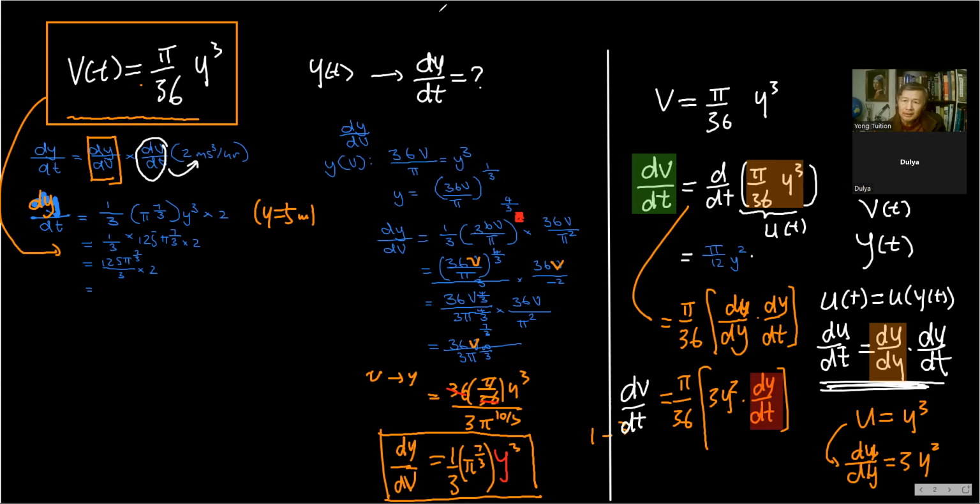This is a simple relation. dV/dt is a constant. Do you agree? So we only need to solve for dy/dt from this equation.